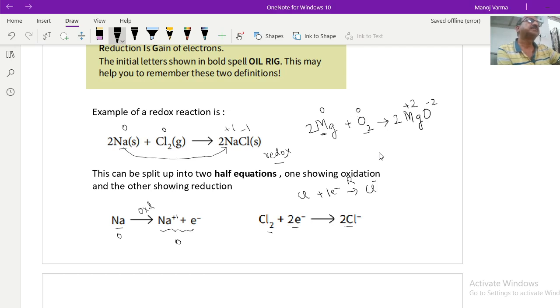So now again, if you consider this in terms of electron transfer, then magnesium has changed into Mg2 plus, so it must be due to the loss of 2 electrons. And I explained to you how to balance this equation. This charge is 0, so this plus 2 and this minus 2, this is also 0, so this is the correct equation.